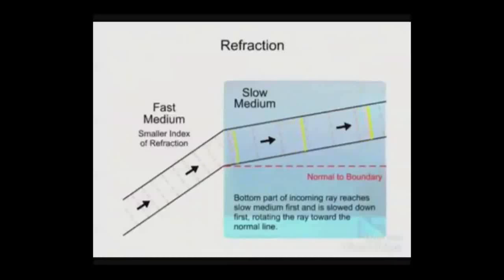Later, the top part of the light ray meets the interface and it also slows down, and this continues, and in the slower medium, that is the denser medium, the light ray travels with less speed and in a bent direction, bent towards the normal. Children, now is it clear for you why a light ray is bent at the interface of two media?